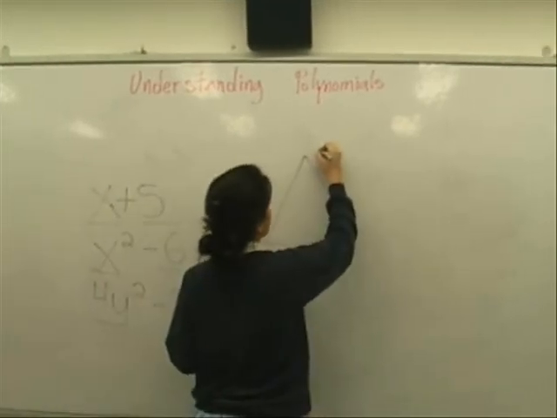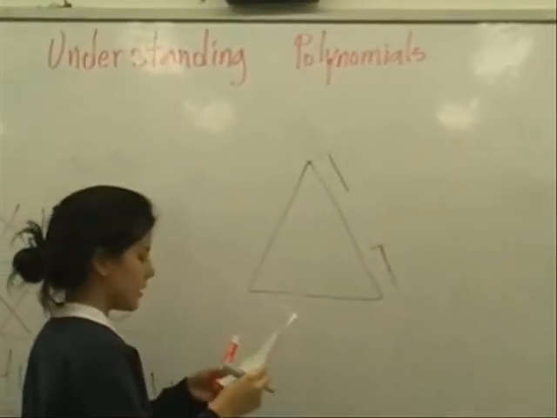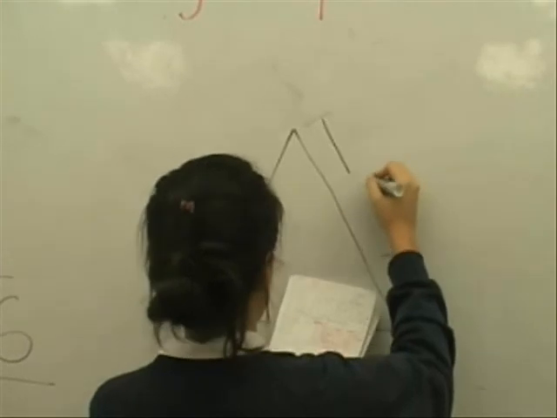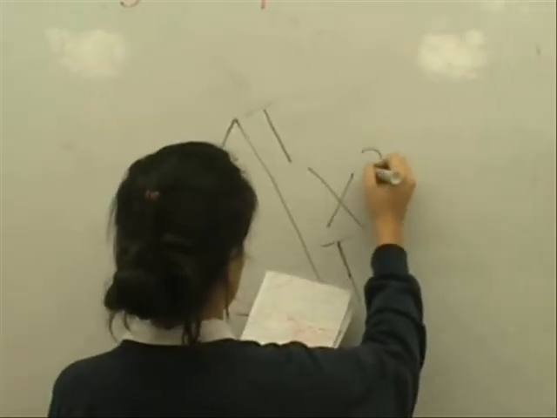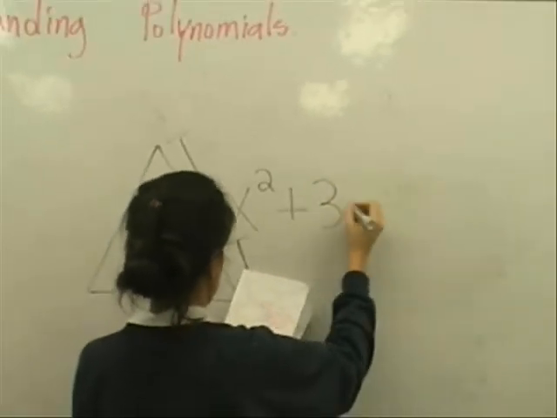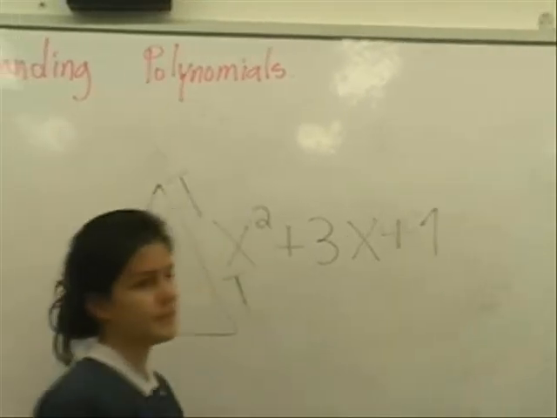And one of its sides measures x squared plus 3x plus 1.